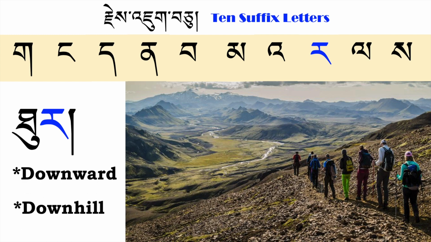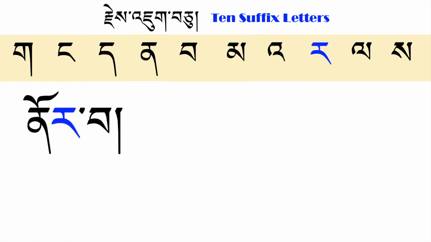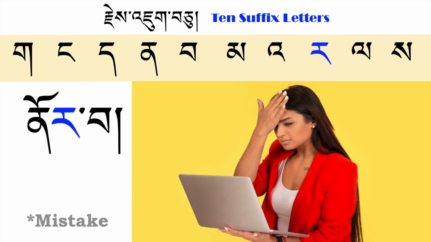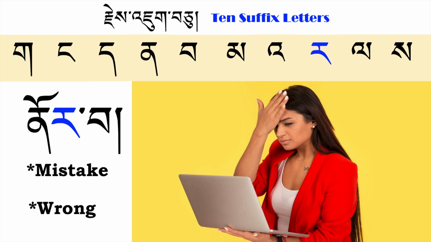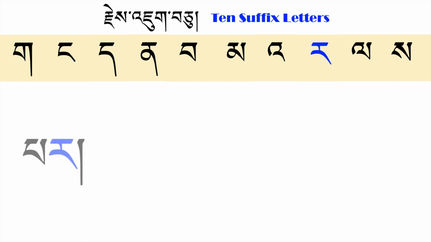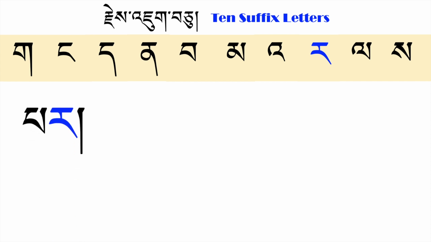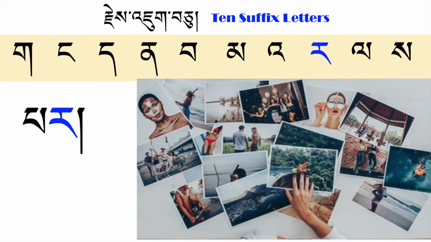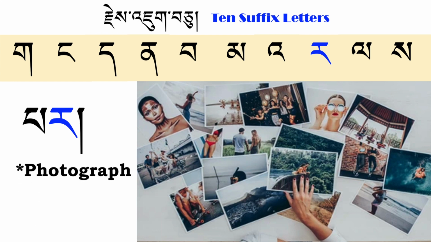Next one, norwa, meaning oh no, mistake or wrong. Next one, par. Par means photograph or picture.